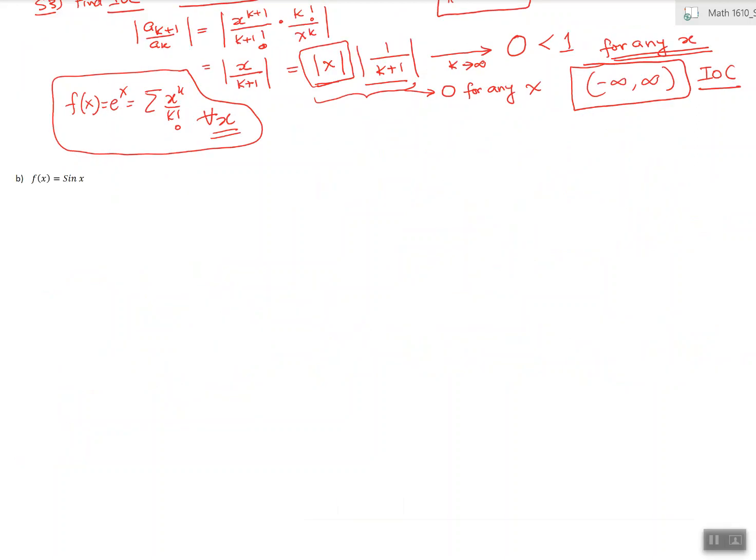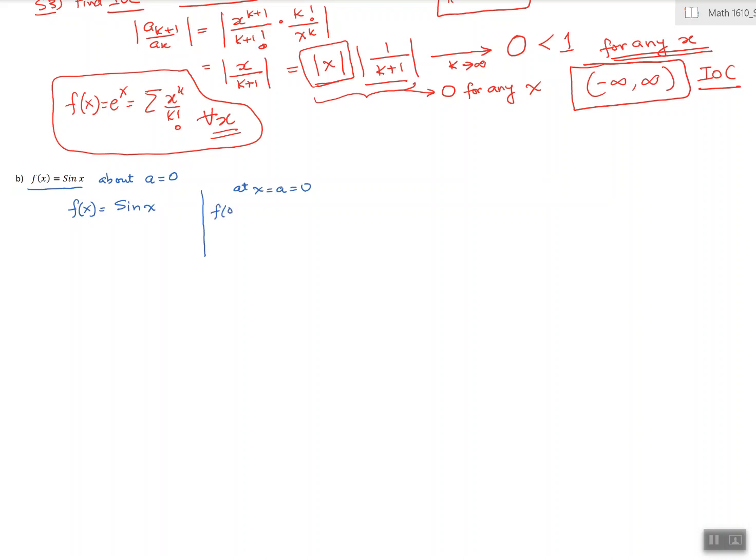Okay, let's continue on to the next example, where the function is sine x, and this one is also about a equals 0. As before, we are going to take the function and find it at x equals a, which is 0. So the function is sine x.